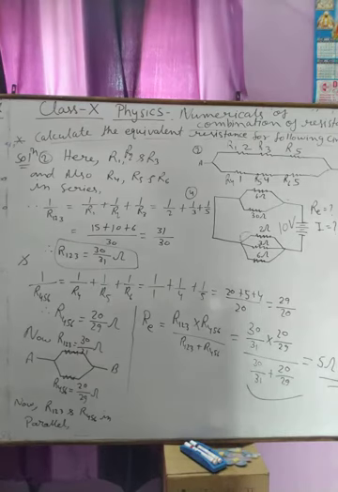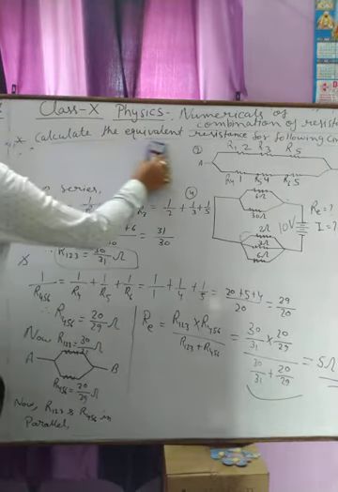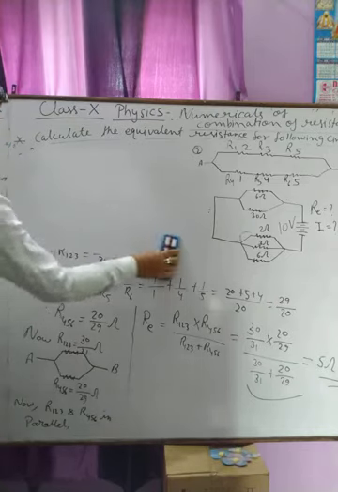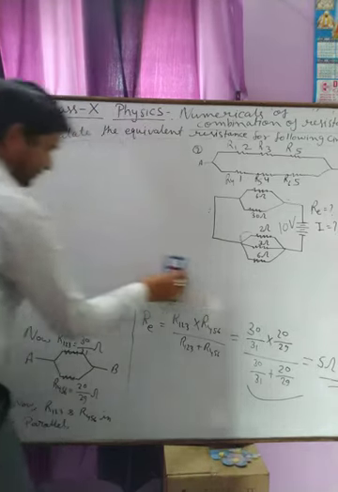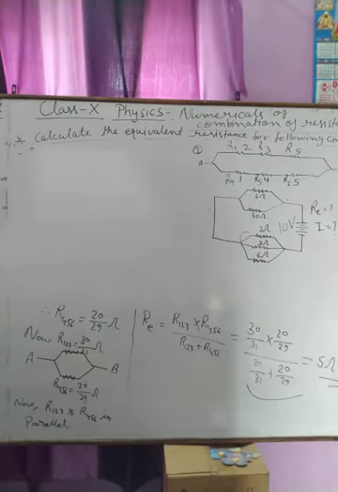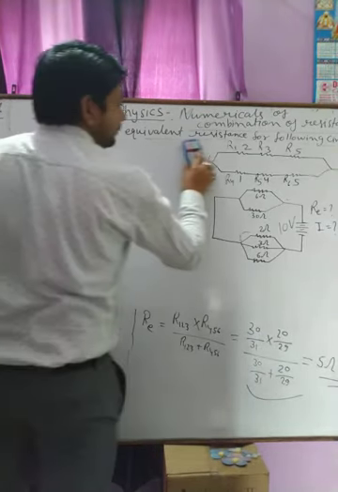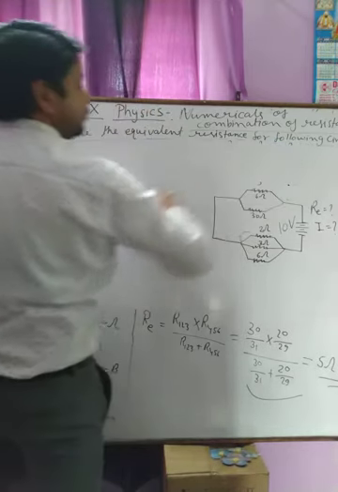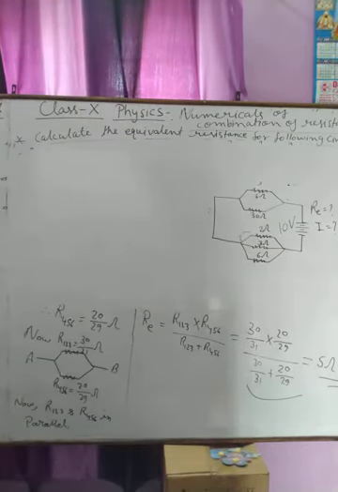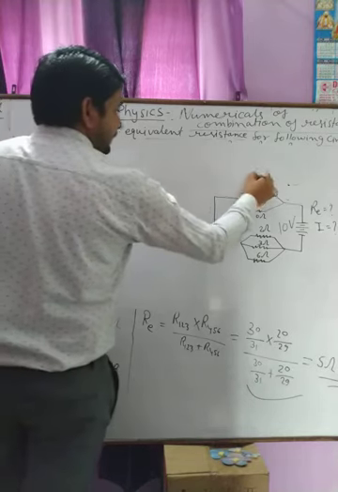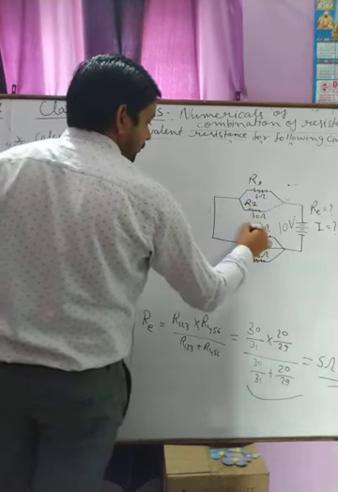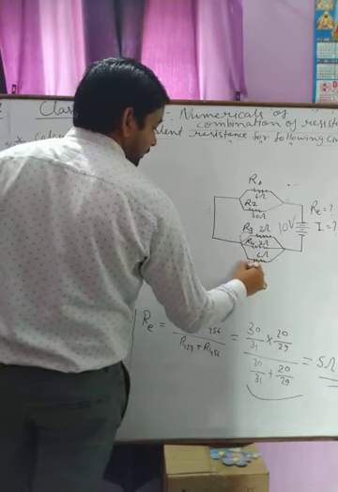Now student, we go to solve the fourth problem. Starting to simplify the circuit. This is R1, R2, R3, R4 and R5.